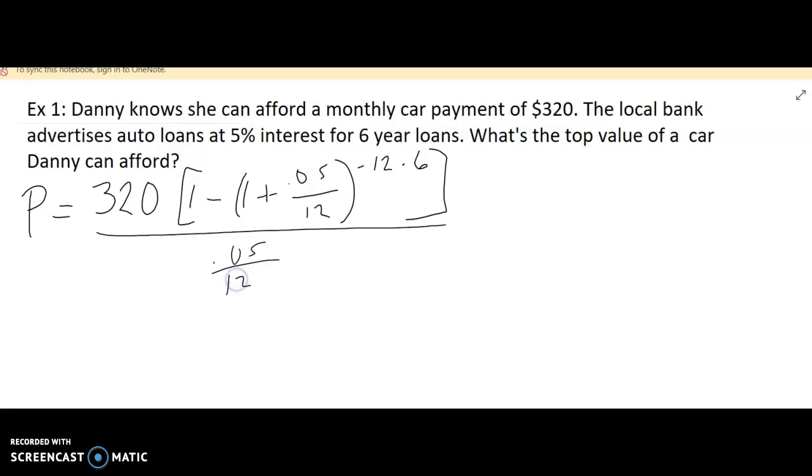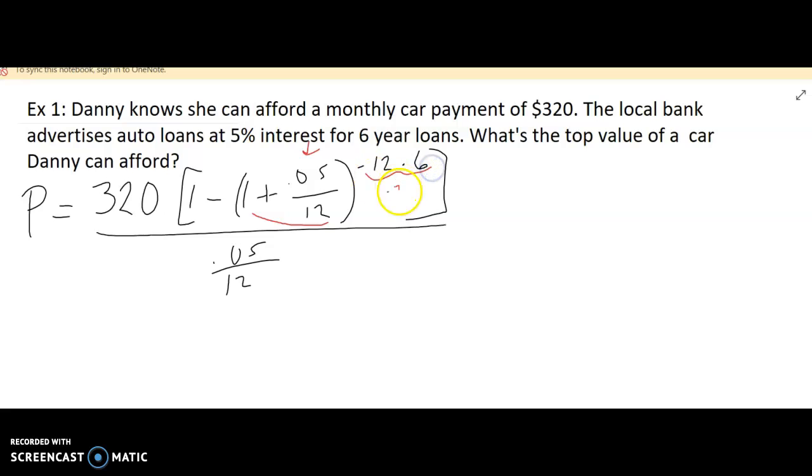Now, again, I talked about how we want to round as little as possible. So thinking about order of operations, we're going to think innermost parentheses first. So I'm going to take this value, 0.05 divided by 12, add it to 1, and raise it to the power.